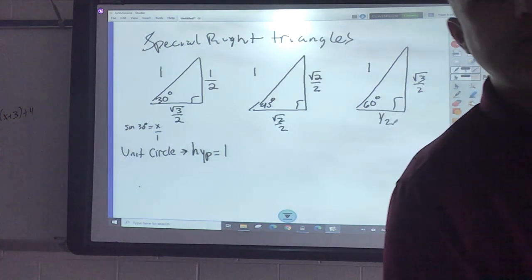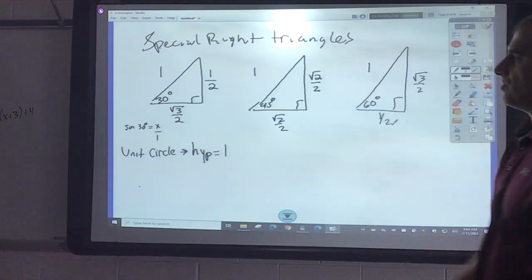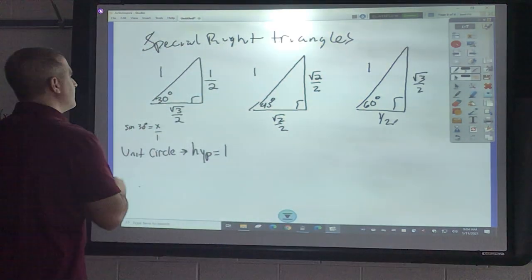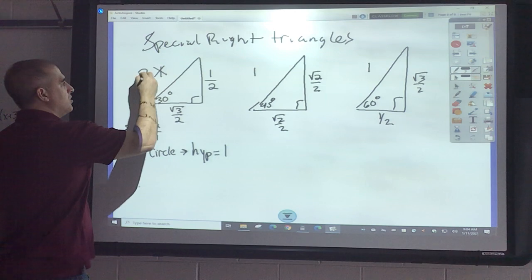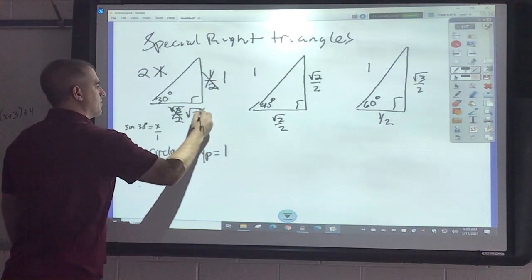Now, what we want to look at is we want to not deal with these crazy fractions. So the very simple thing to do, instead of dealing with halves, is multiply all these by 2. So now this would be 2, this would be 1, and this would be the square root of 3.